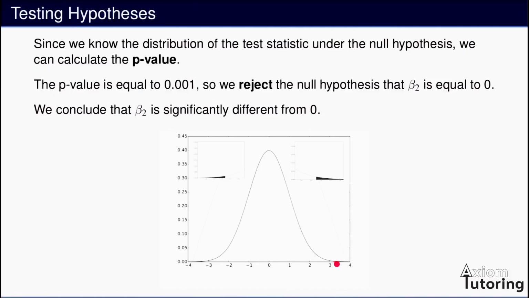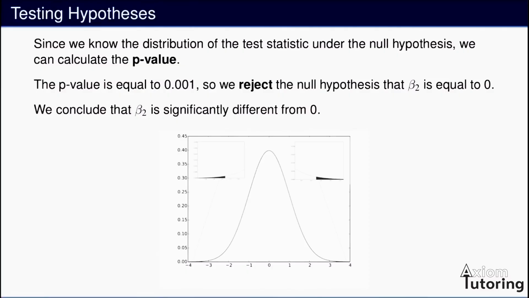I'm going to look at 3.31, and ask what would be more extreme than 3.31? Anything greater than that would be more extreme. And if I go on the other side and do the same thing with minus 3.31, it would be everything that is to the left of that value.